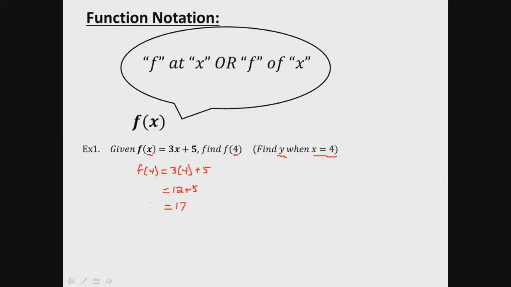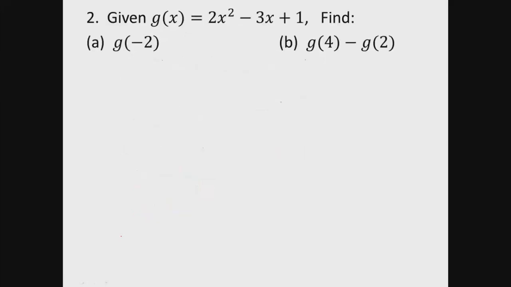So f of 4, and I should write this f of 4 down the whole way. F of 4 equals 17. And it's as simple as that.